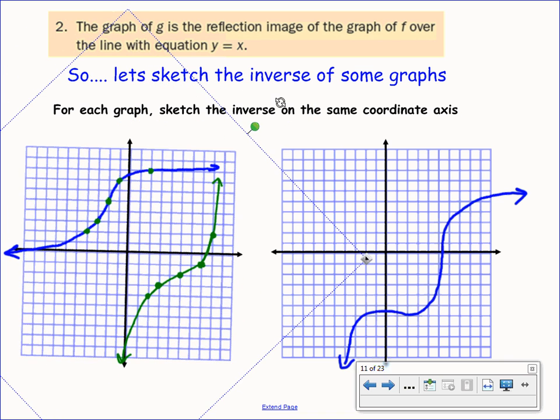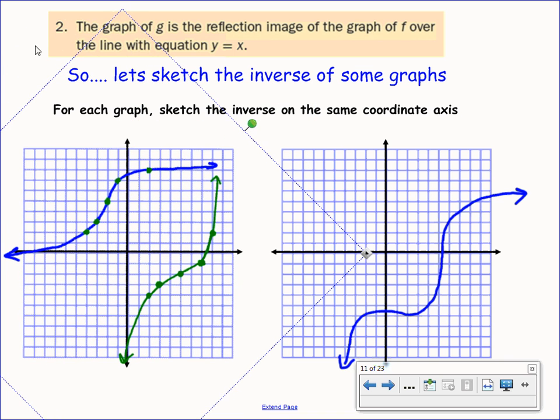There we go. So now we can see we've got the mirror image when reflected about the line y equals x.